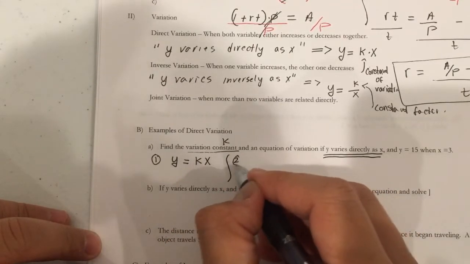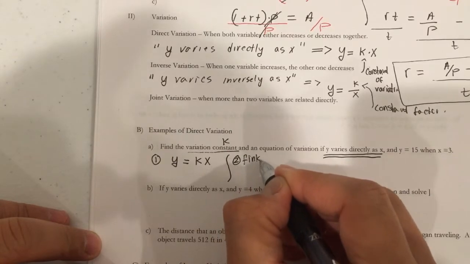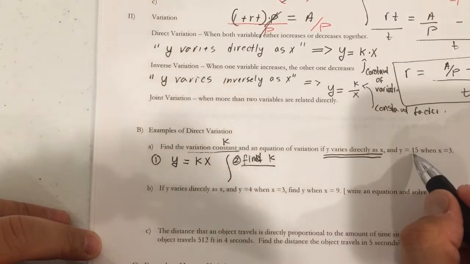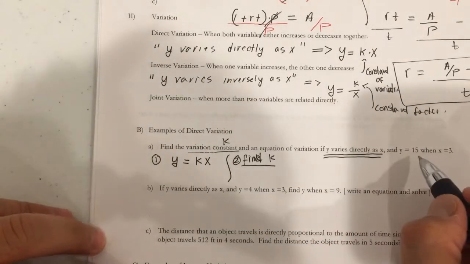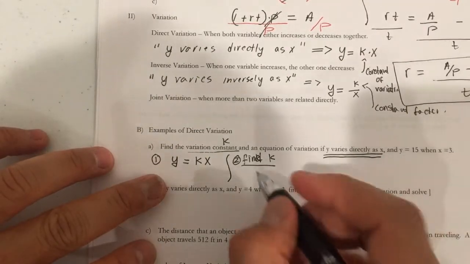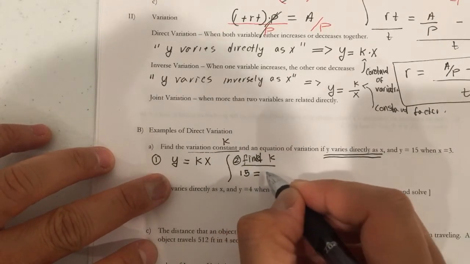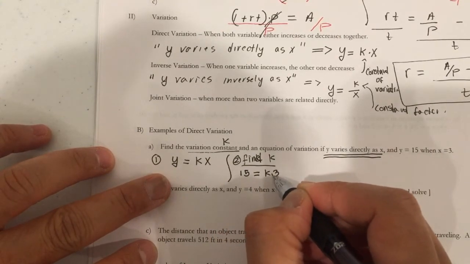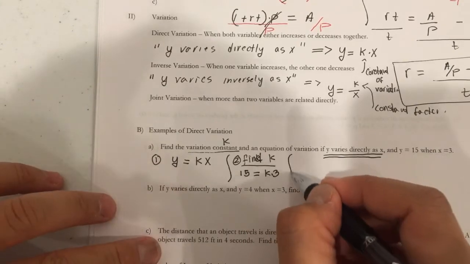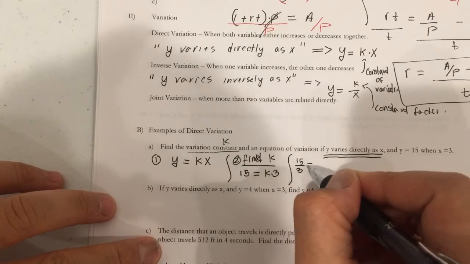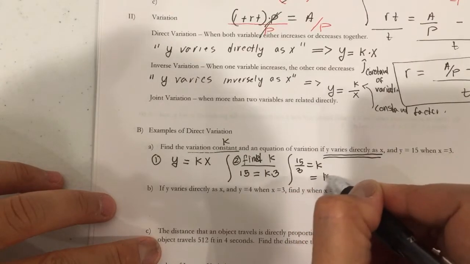So the next step is we find k. To find k, we take the information that they give us, which is y equals 15 and x equals 3, and we plug it in. I'm going to plug 15 in for y, and 3 in for x. If I divide both sides by 3, then k equals 5.